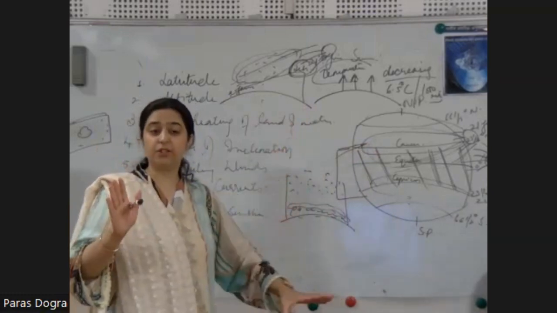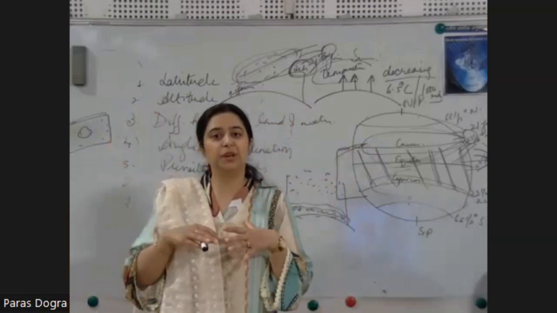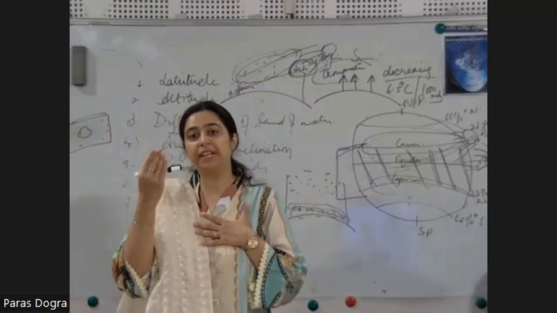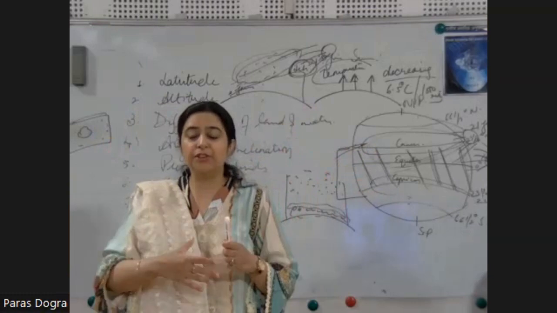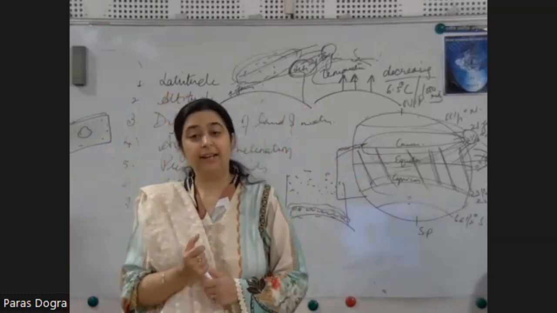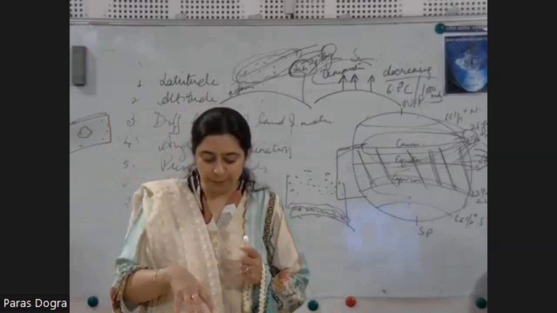But this is not true in the case of peninsular India, because there are water bodies on three sides which have a moderating effect that doesn't let the temperature go to the higher extremes of 47 or 48 degrees, and doesn't let the temperatures get so low.